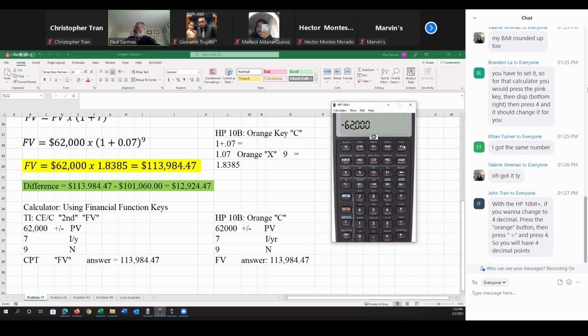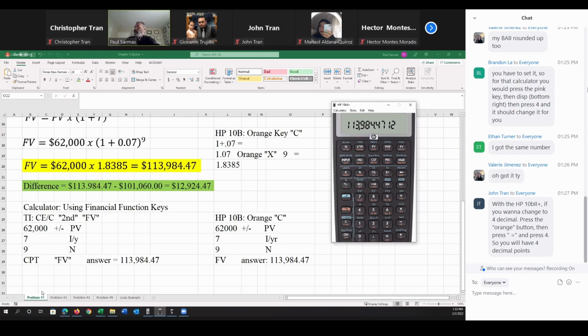Change the sign, PV, and then calculate FV. It gives you the answer. The order you put interest rate, period, PV, the order doesn't matter. You can put it in any order you want. However, the answer to your question is that you put the number first and then you press the I key, N key, PV key, and so forth.